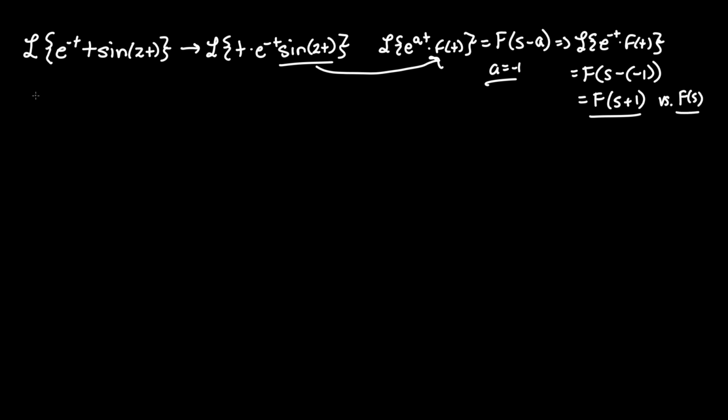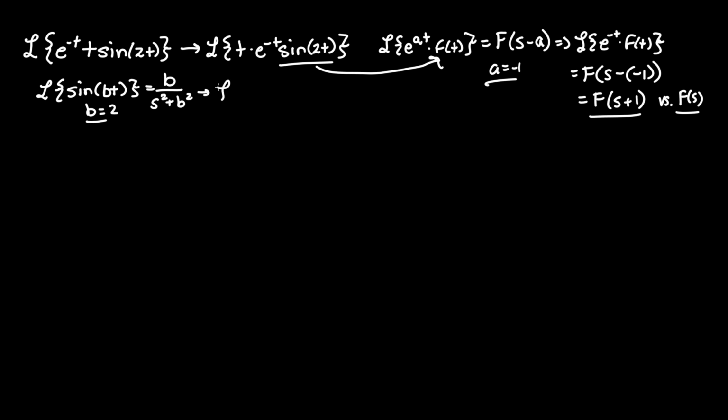So then, what's the Laplace of sine of 2t? From our table, Laplace of sine of bt, where b is any constant, equals b over s squared plus b squared. And we know, of course, b equals 2 since t has a constant coefficient of 2. I'll write that here.